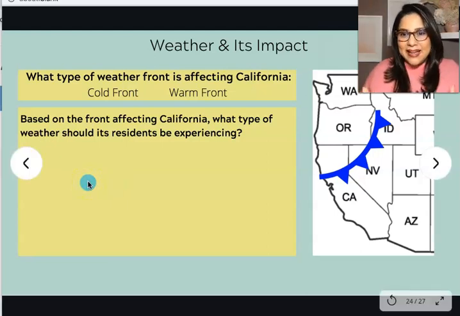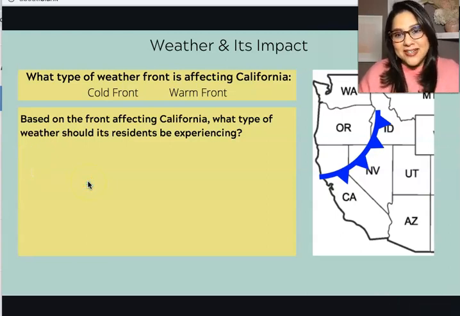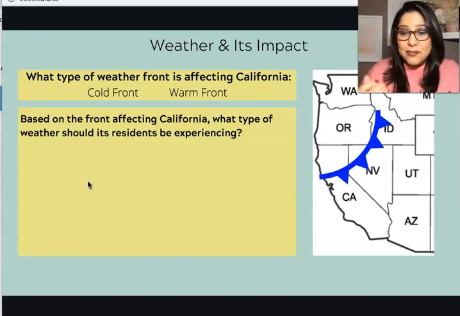Welcome back. If you selected cold front, you are on track. A cold front is a line in blue with triangles, or I call them shark teeth. The triangles, or the shark teeth, point in the direction that the cold front is moving in.